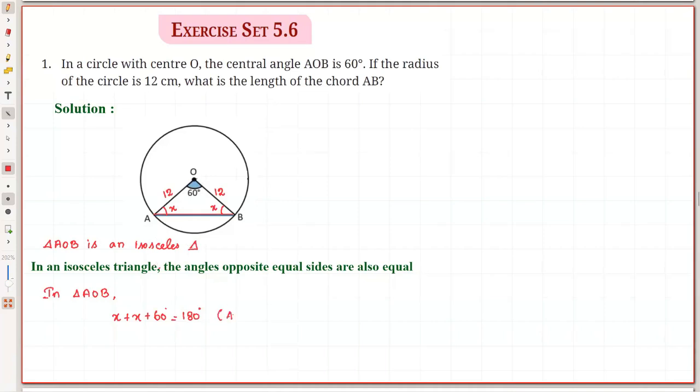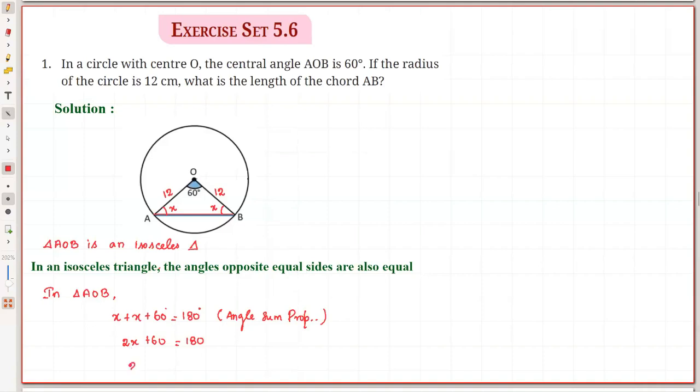This is nothing but the angle sum property. So X plus X is 2X, so 2X plus 60 is equal to 180 degrees.